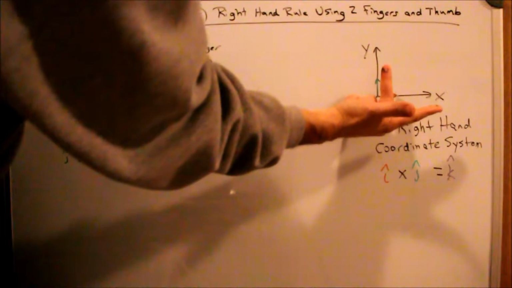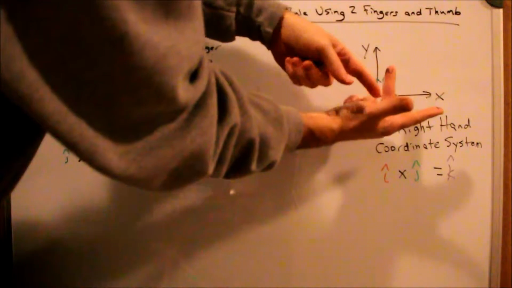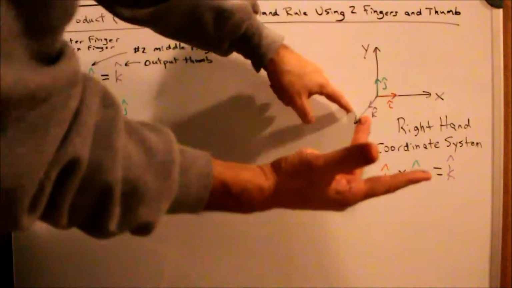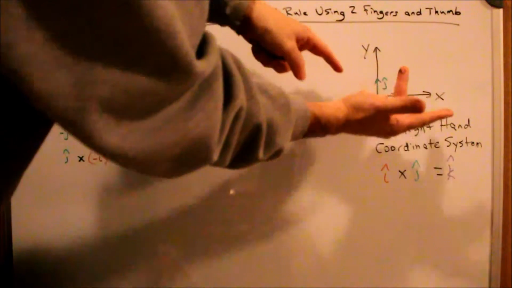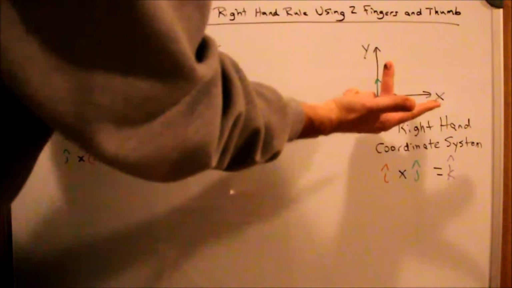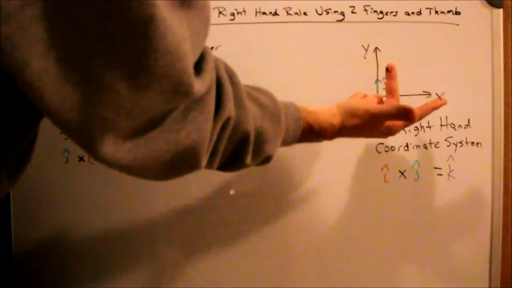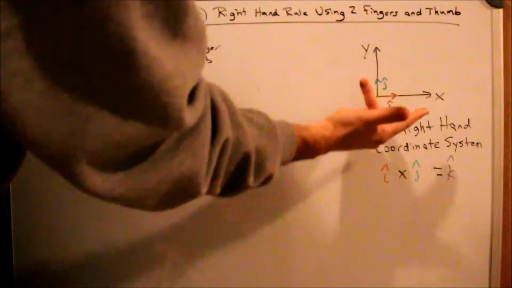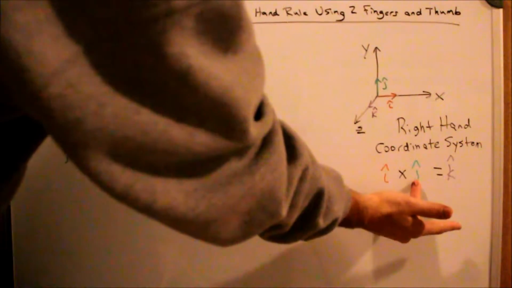Then your thumb is going to be in here. You see the thumb is pointing out of the board, and this is the isometric view of it. Essentially this means that the k hat direction is out of the board.